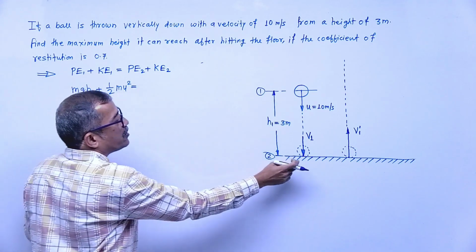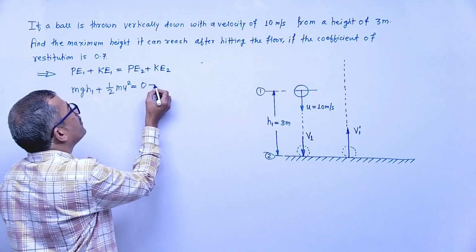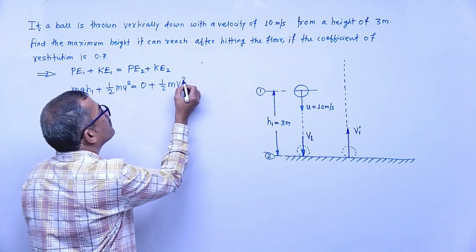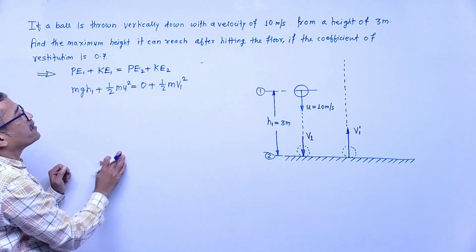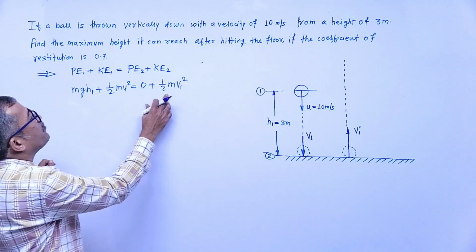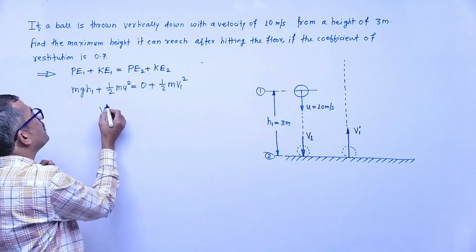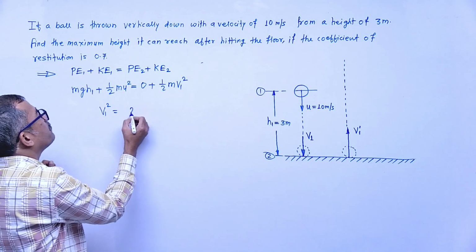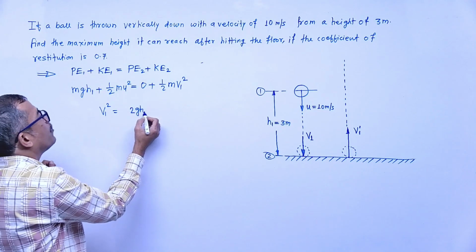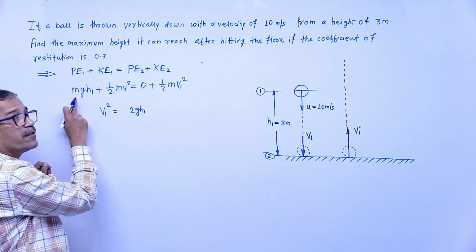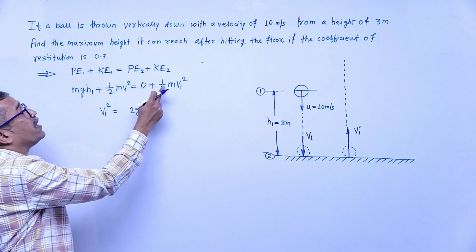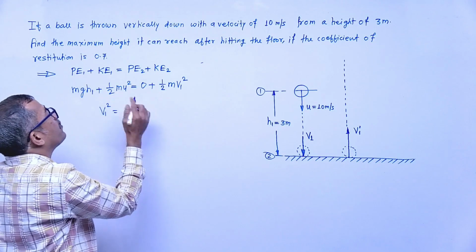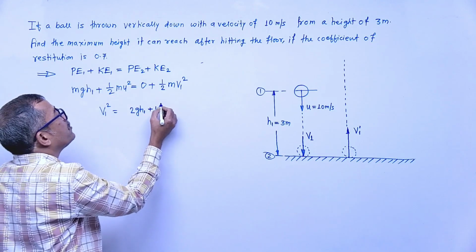Now here potential energy becomes 0. Kinetic energy is half mv1 square. Mass gets cancelled and if you multiply by 2, v1 square becomes 2gh1 plus u square.